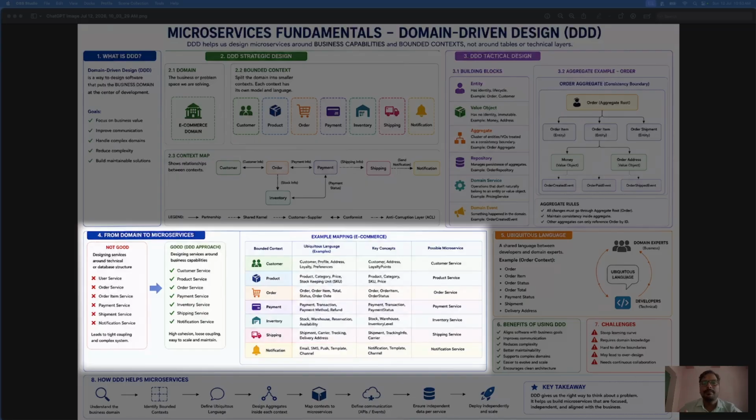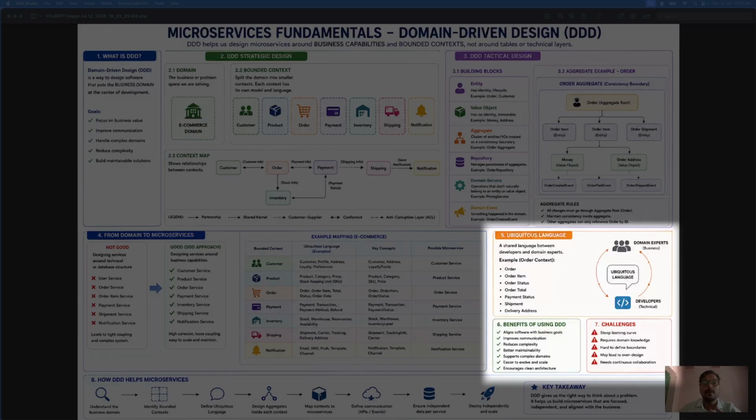Instead of technical layers, we create customer service, product service, order service, payment service, inventory service, shipping service, notification service, and each service represents one business capability. This produces loosely coupled, highly cohesive microservices.